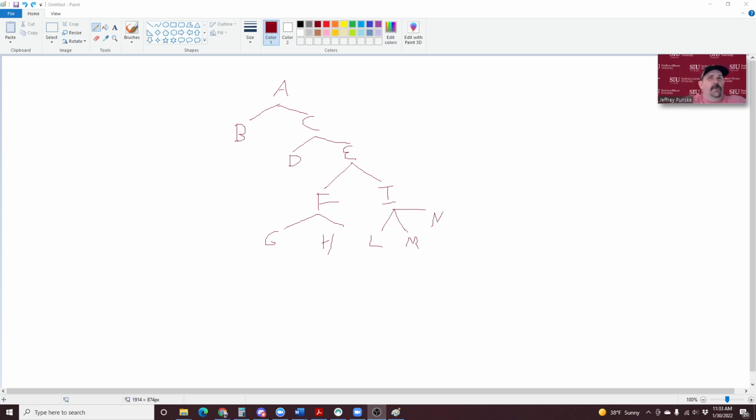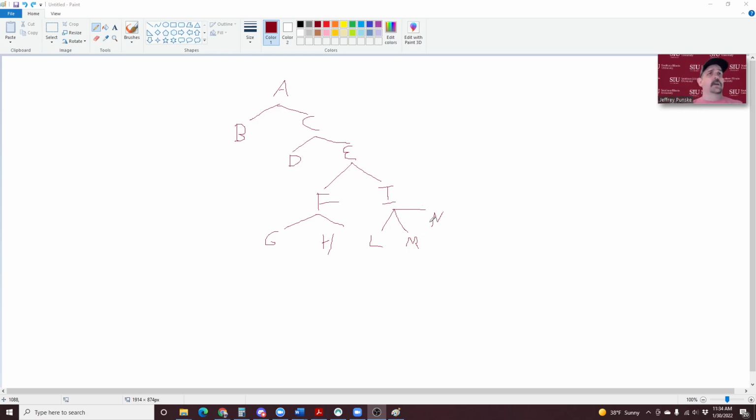So you're probably already familiar with some of these terms just through osmosis or other sorts of connections, but we're going to more formally define it today. So a tree is made up of nodes and branches.